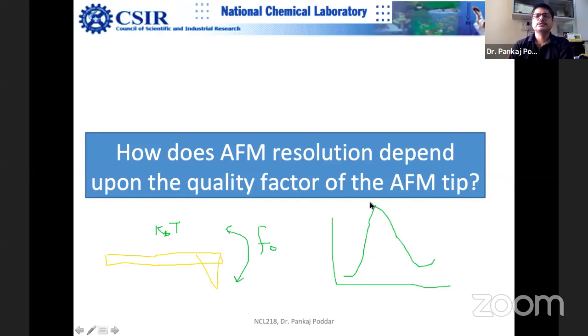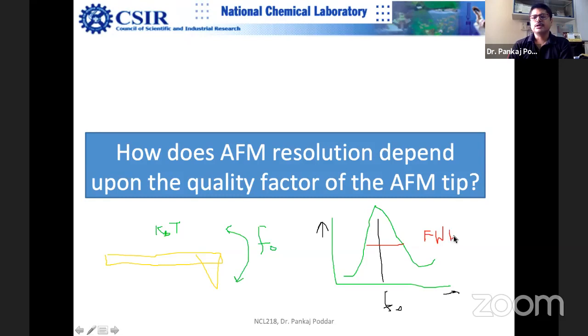So this is your F0. This is the frequency axis and this is the amplitude axis. And this is called the FWHM, the full width at half maximum.